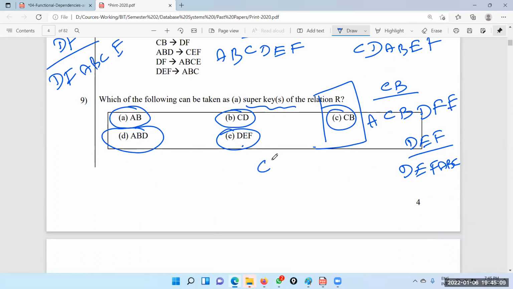CB. CB determines CB. CB determines DF. Right? DF determines ABCE.